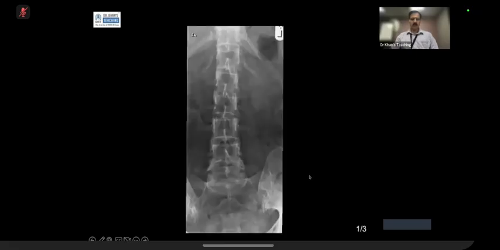This is a case of intraspinal tumor, one of my favorite cases, a classical exam case. On this AP film, if you see, these are pedicles. The pedicles are flattened. Something is sitting in between these.